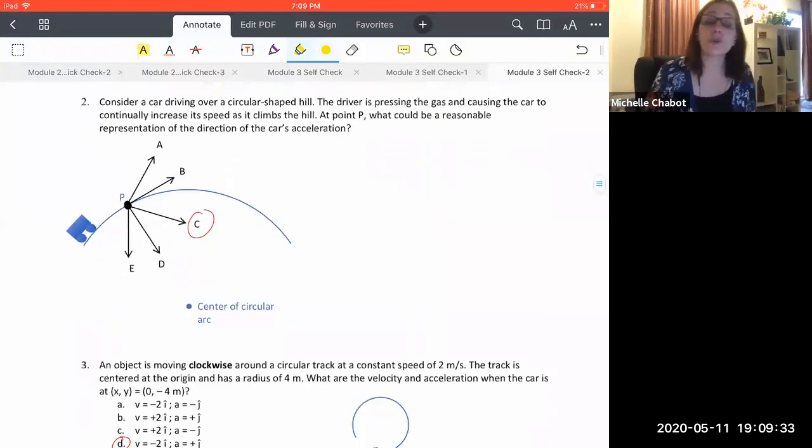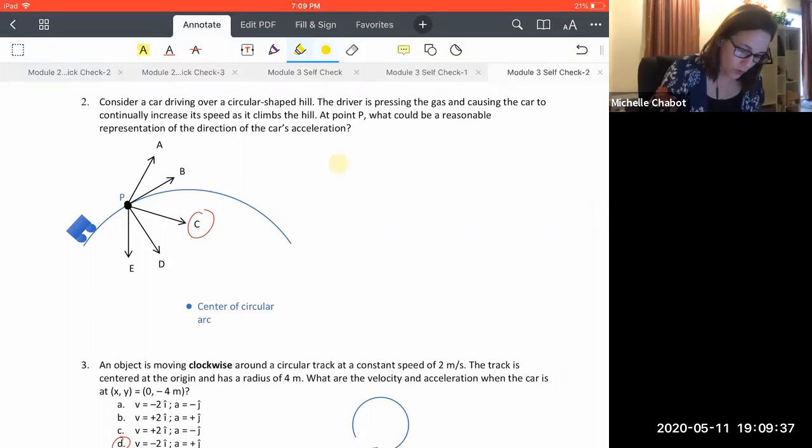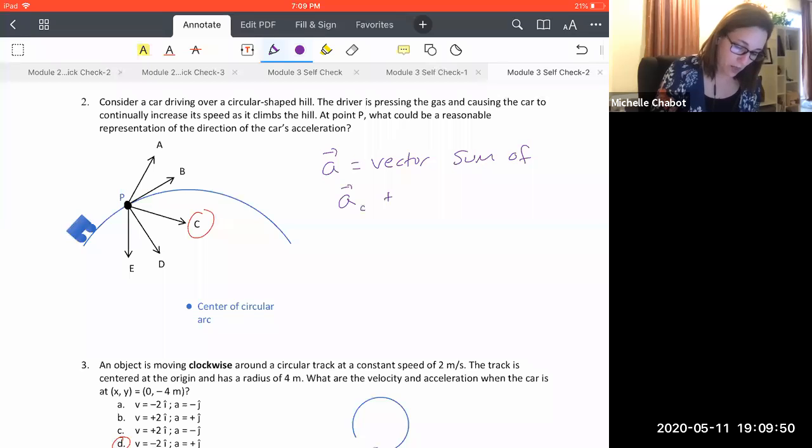All right, for 2, this came from the video on circular motion. The acceleration of this is going to be the vector sum of your centripetal acceleration plus your tangential acceleration.